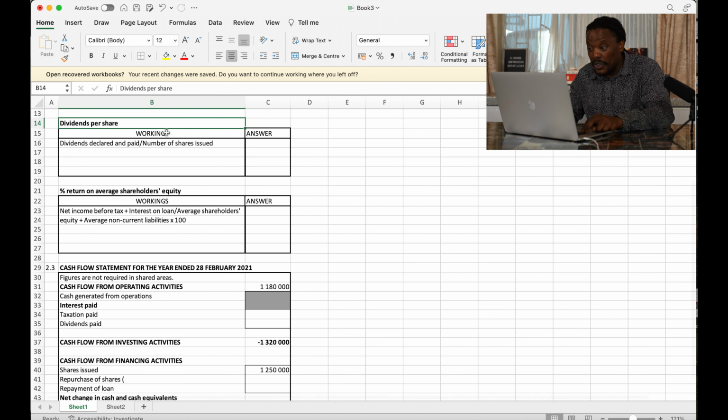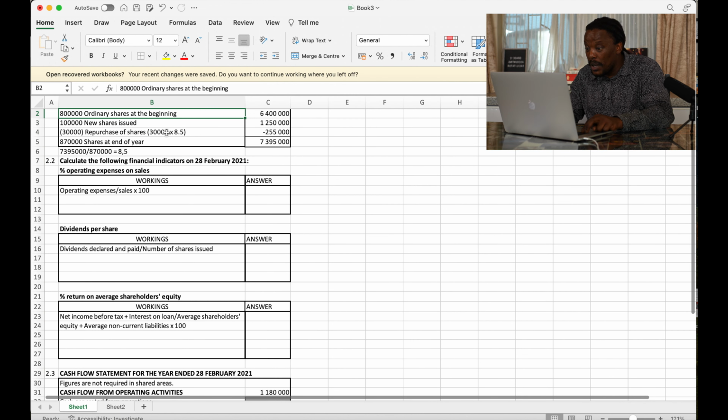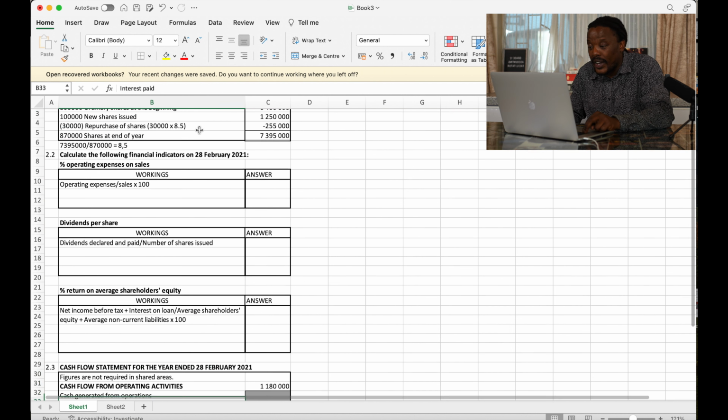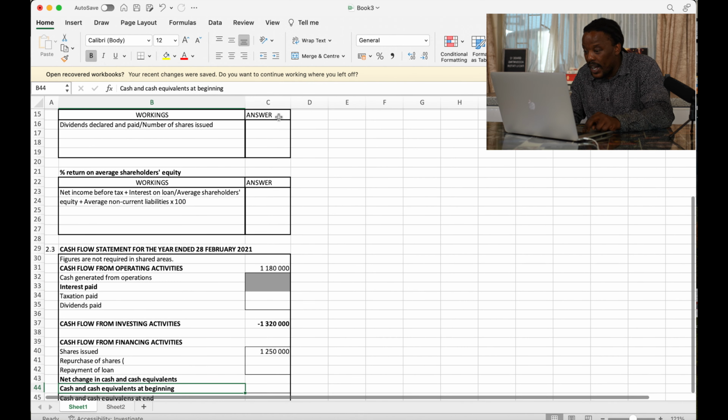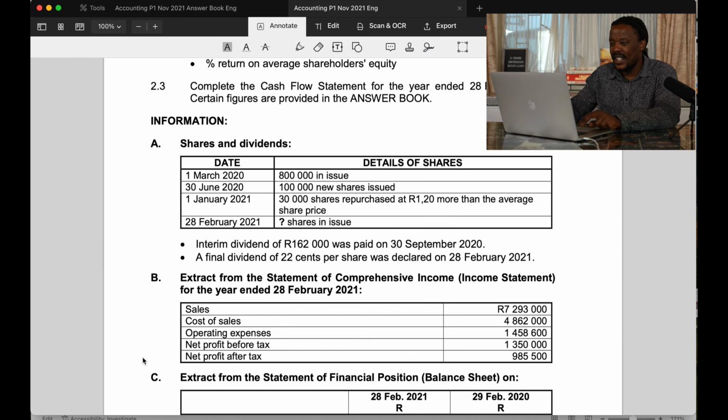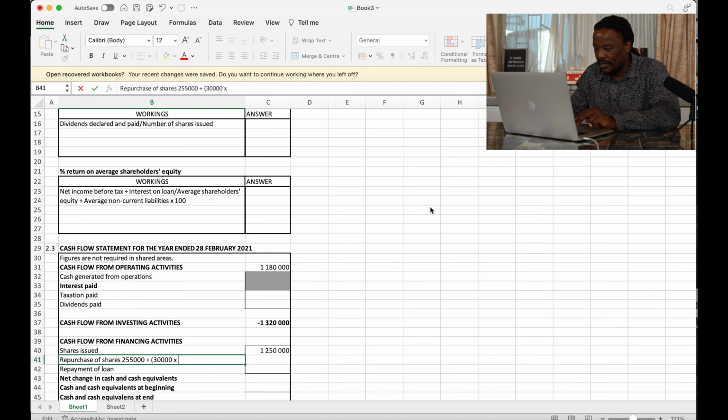Let's look at that amount of repurchase of shares. How much were the shares repurchased for? 250. And we also calculated this amount on our own, 255,000. On the cash flow statement, let's not waste time, record 255,000 as well. But that 255,000 must take into account that 30,000 shares multiplied by the 1 rand 20.